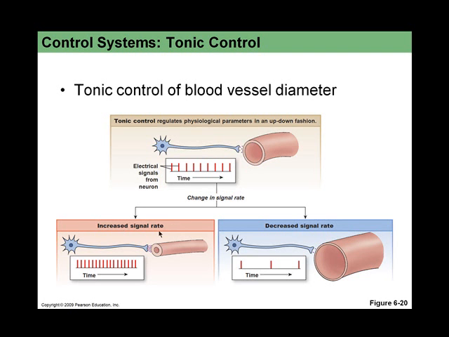If you increase the frequency of firing, then you increase the concentration of norepinephrine bathing the receptors in the intestinal blood vessel. This is going to bring about a vasoconstriction, a decreased blood flow. And if you decrease the signal, decrease the concentration, you get dilation, increased blood flow to the intestine through the alpha adrenergic receptor, to follow up on that prior example.